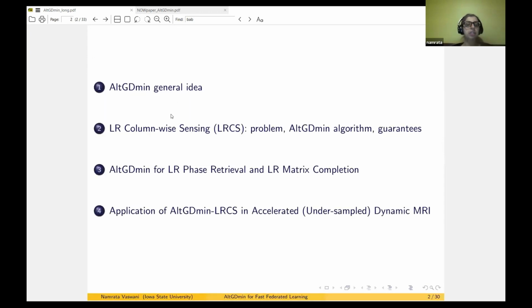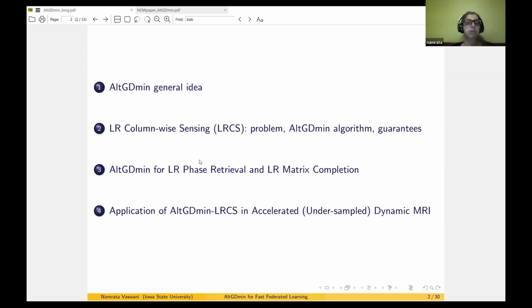So here's a quick outline of the talk. I'll tell you the overall idea of AltGDmin, which, if you understand alternating minimization, is just one tweak to alternating minimization. Then I'll talk about the low rank column-wise matrix sensing problem, which is where it was developed, and it's one of the problems for which it is both extremely time efficient and communication efficient.